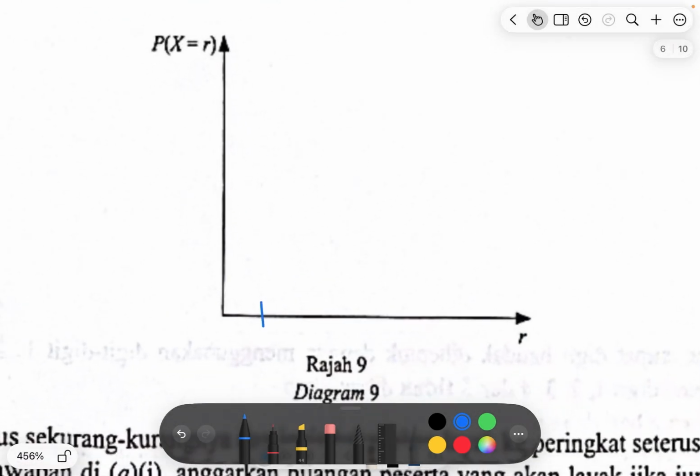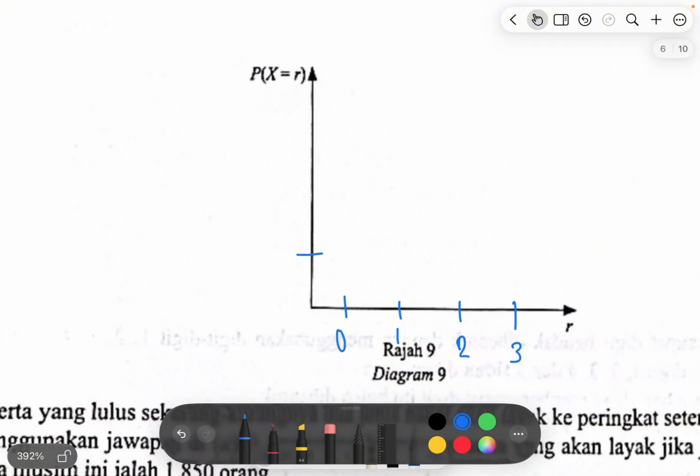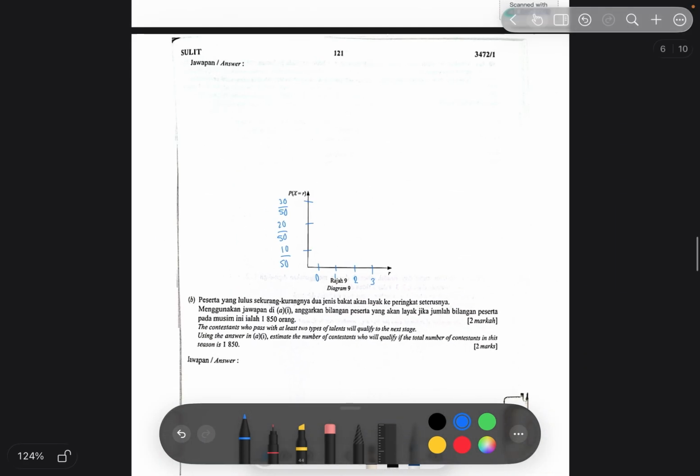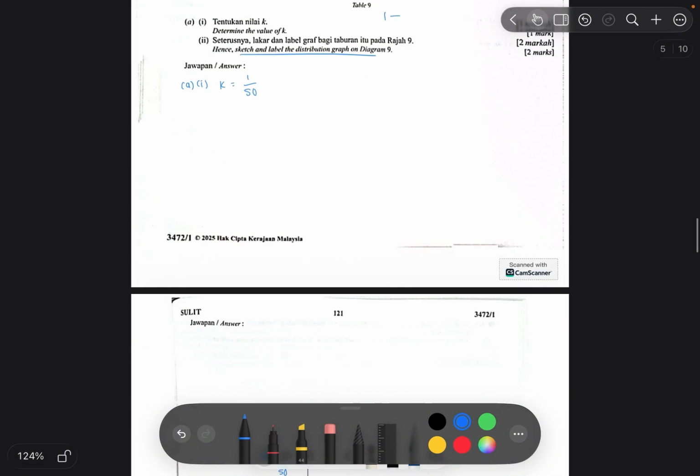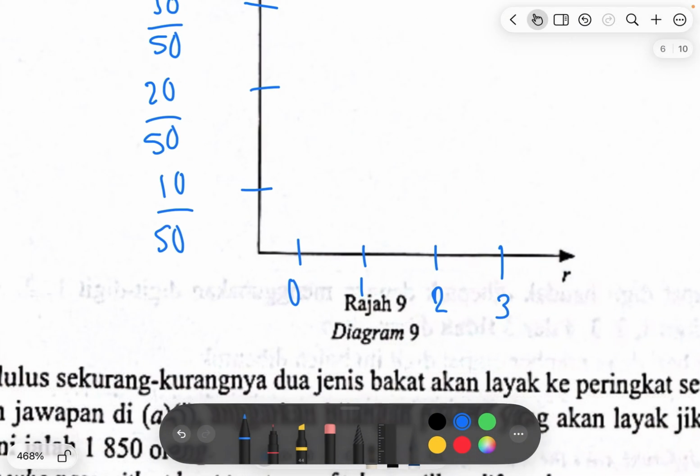So this should be 0, 1, 2, 3, and then make sure your scale is uniform. So 10 over 50, you can do 20 over 50, this can be 30 over 50, and then you can just estimate where 0 would be. So 0 is 17 over 50, so it's somewhere around here.